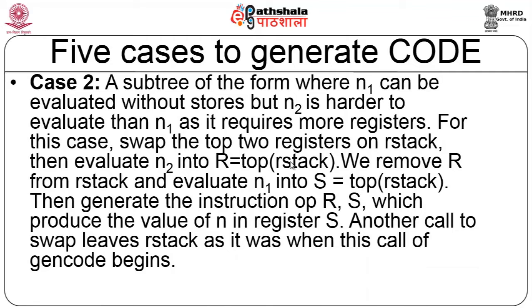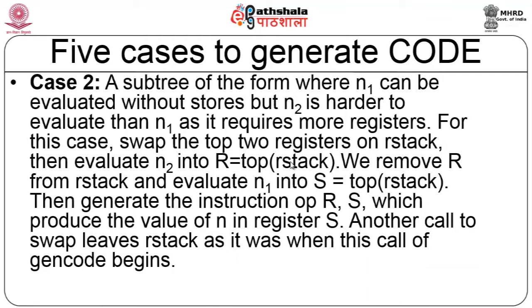For this case we swap the top two registers on the R stack and then evaluate n2 into R, and then we remove R from the R stack and evaluate n1 into the top of the R stack. So, if n2's label is more than n1's label, n2 has to be computed first, since typically the top of the stack register is used by n1.